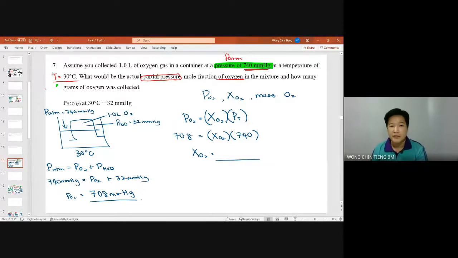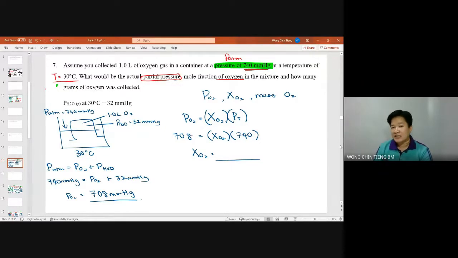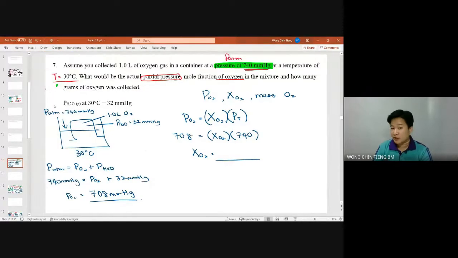Kamu cari mass macam mana? Saya pakai PV and RT. Okay, yang ni yang saya nak tanya, bincang sebenarnya. Chicken kata dia guna PV equals to nRT. Let's say option 1. When option 1 ada means kita ada option 2 lah.